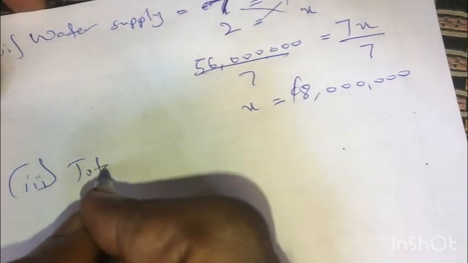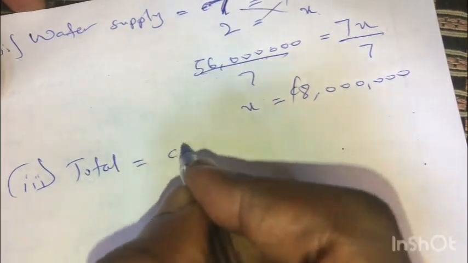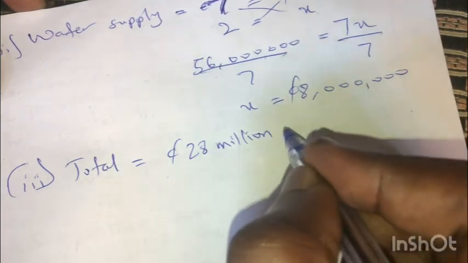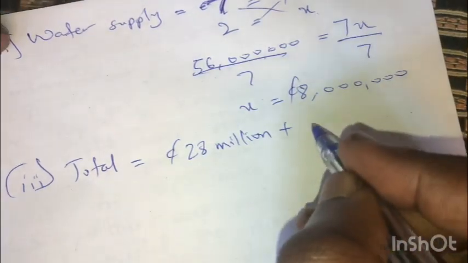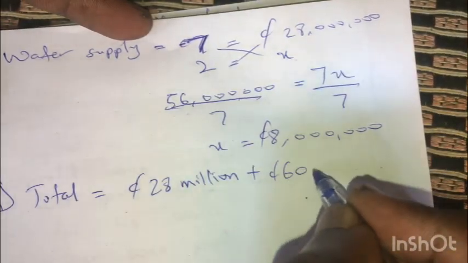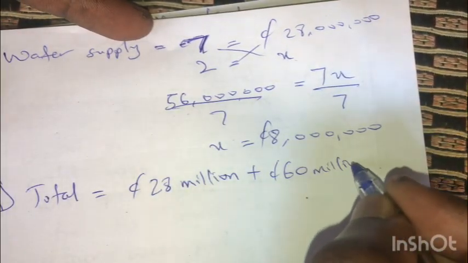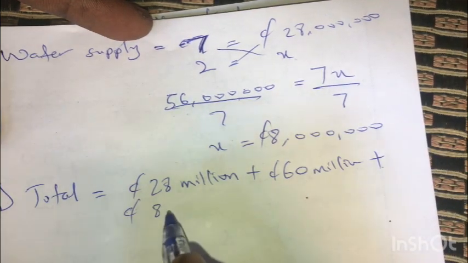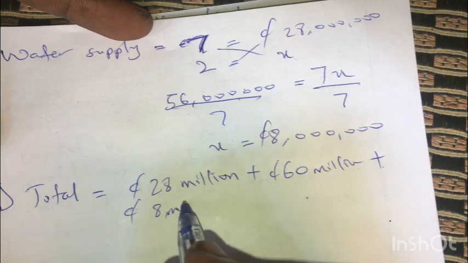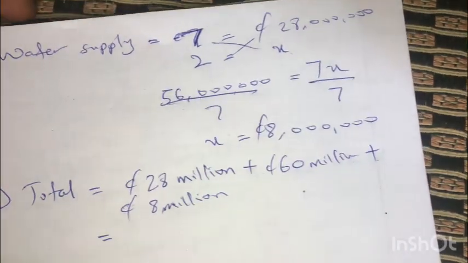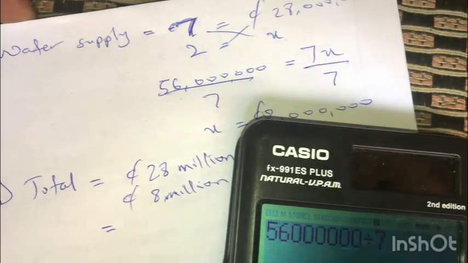So the total is going to be 28 million plus what? 20 million cedis plus what? 8 million cedis. So 28 plus 20 plus 8.